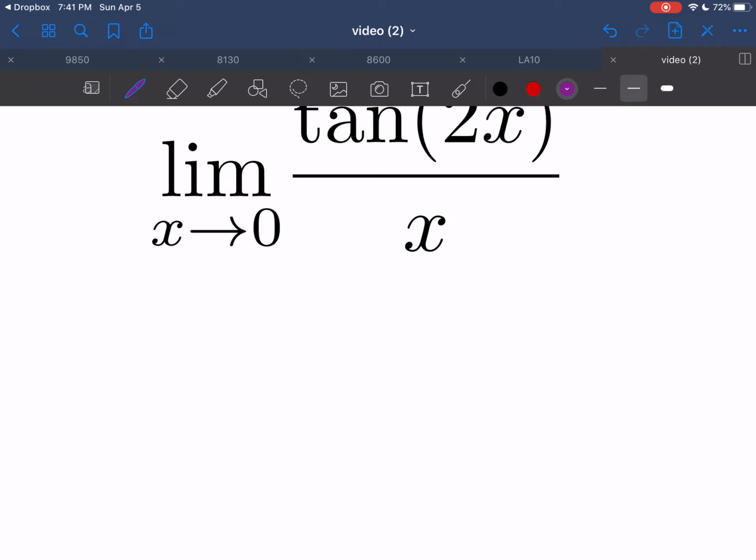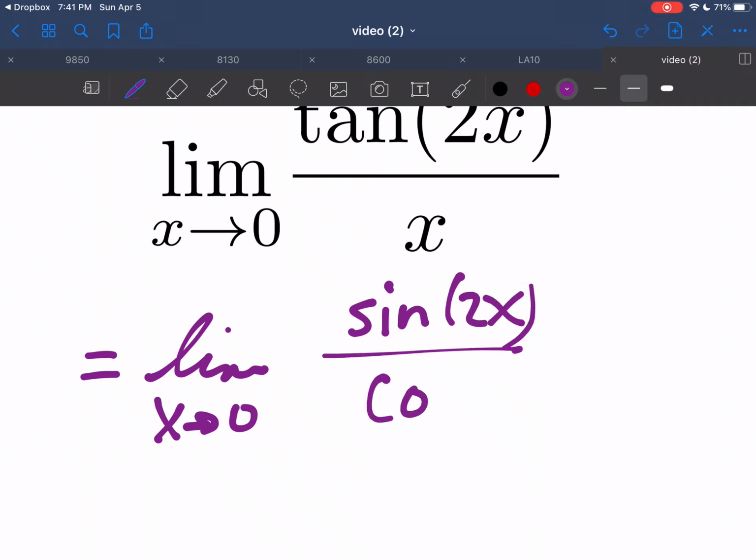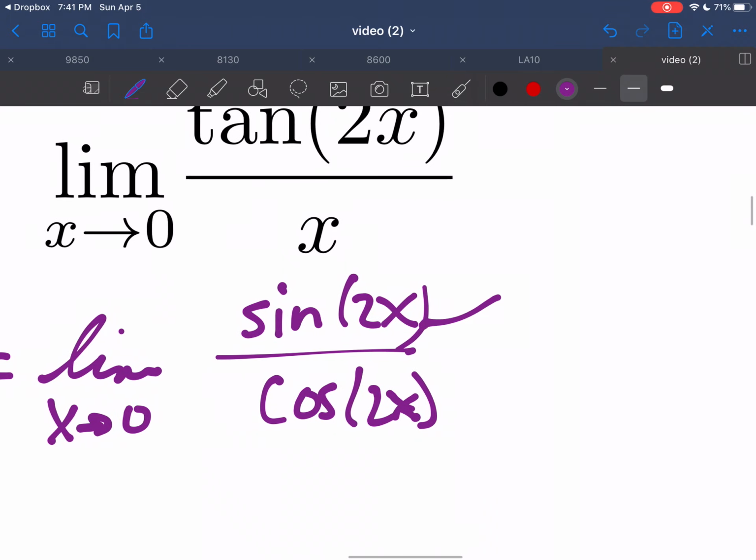So we can rewrite this as the limit as x approaches 0 of sine of 2x over cosine of 2x times 1 over x.